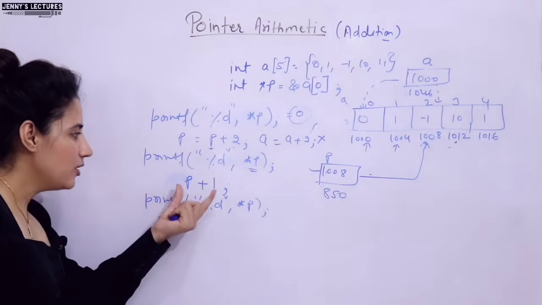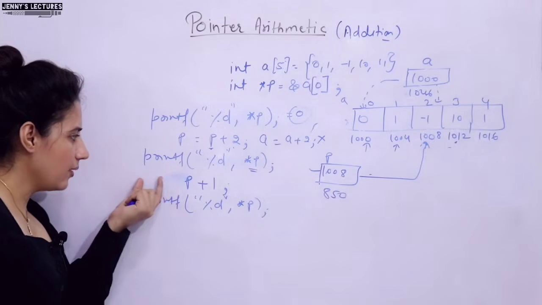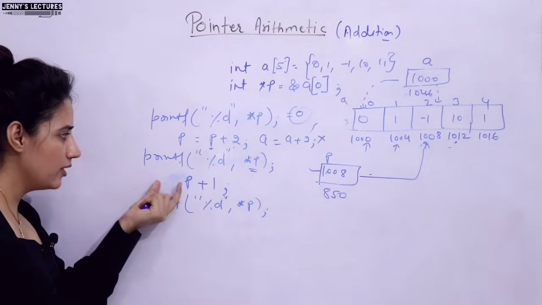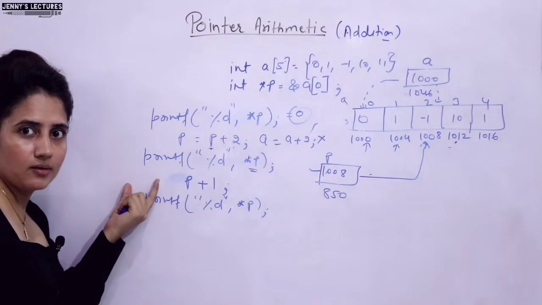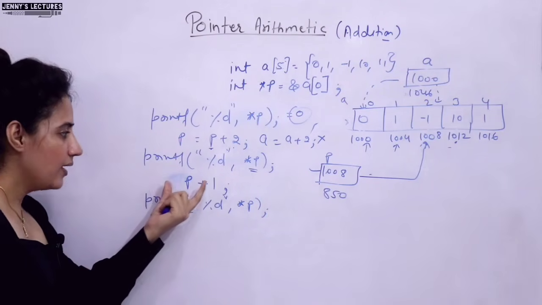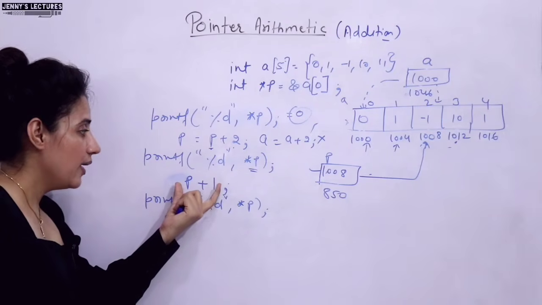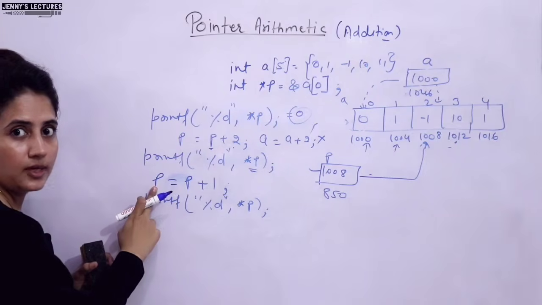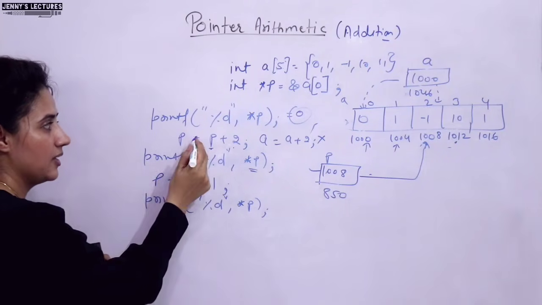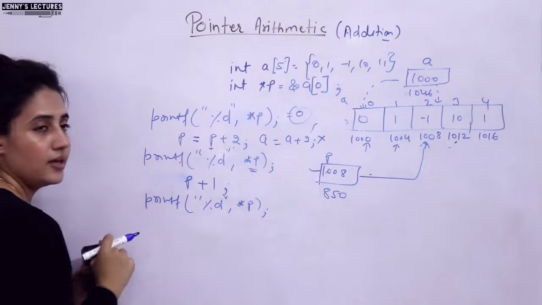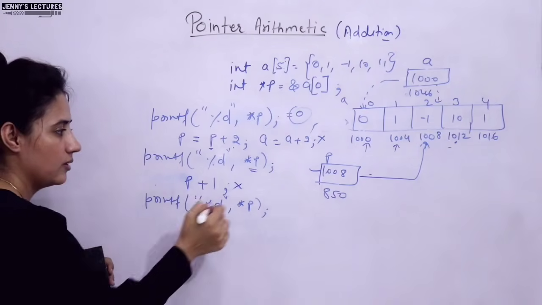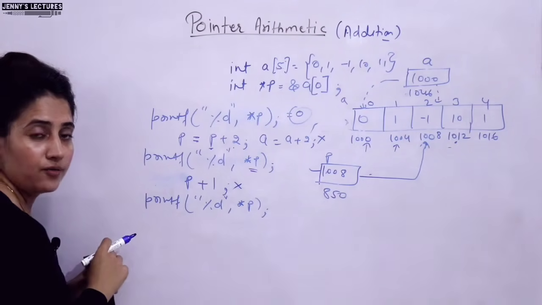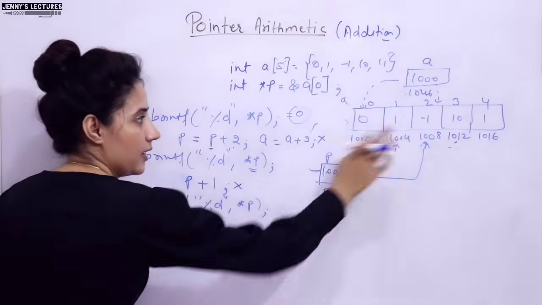No, we are doing P plus 1 only, but we are not storing this value in P or anything. We are adding P plus 1, but we are not updating it. If you do this, it will not affect P, and P will still be here only.